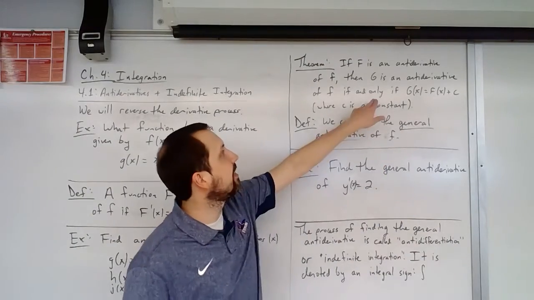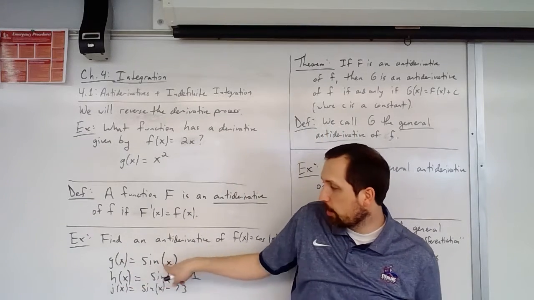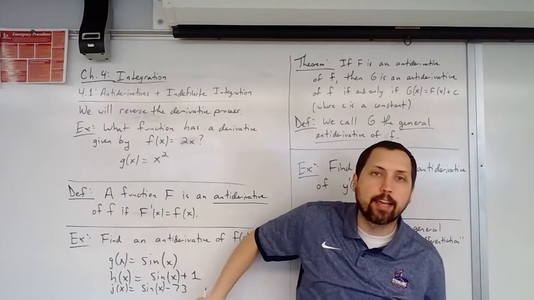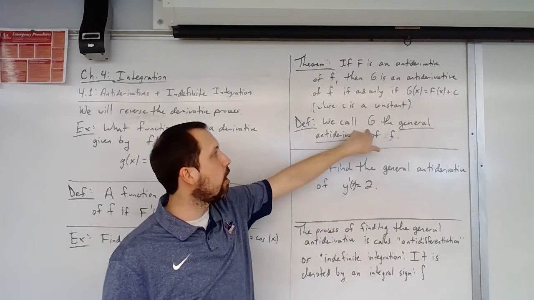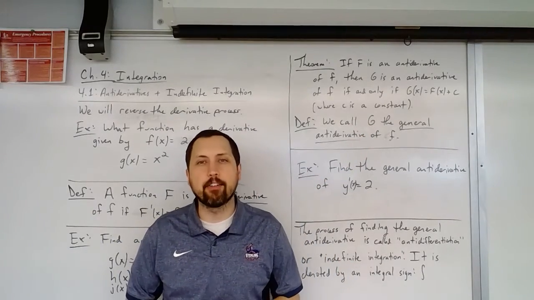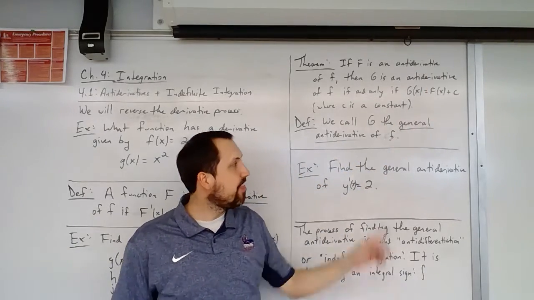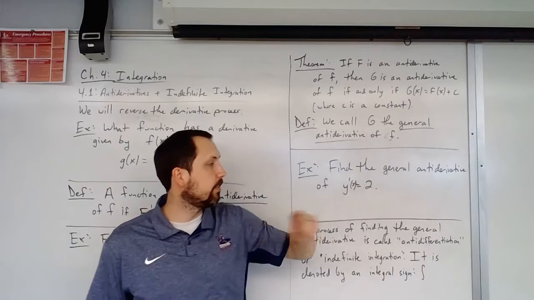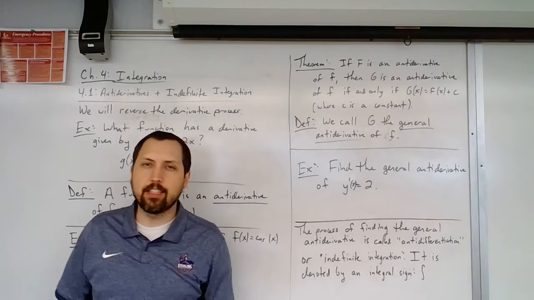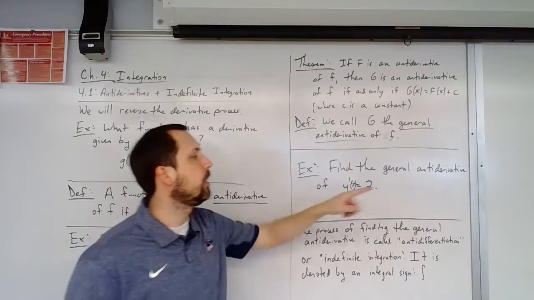So this is going to allow us to say, okay, no matter what, there's this meaty part of the antiderivative, and then there's this constant that just kind of hangs around. So what we're going to call g, this capital G, the definition is we're going to call this the general antiderivative of f. So if we allow ourselves to just have plus c, this constant, that is going to be our general antiderivative. So if we take a look at this example, find the general antiderivative of y prime of x equals 2. So I'm trying to come up with the function that has a derivative equal to 2.